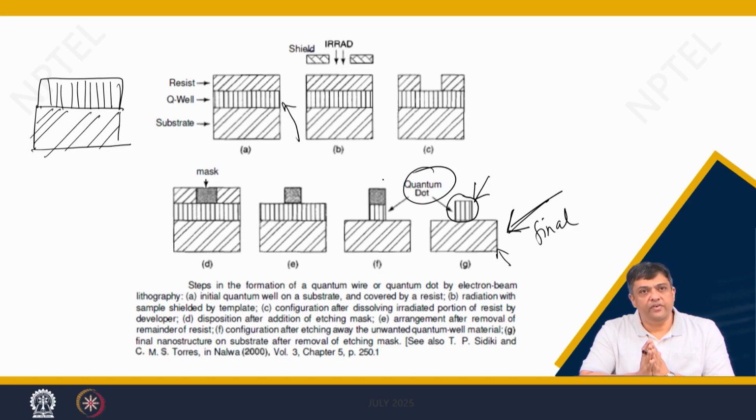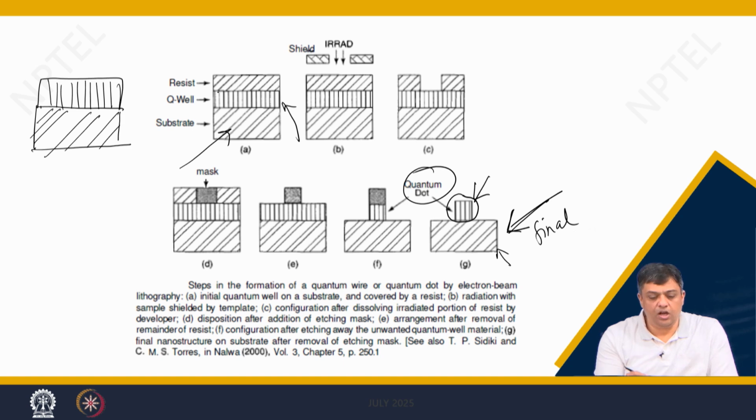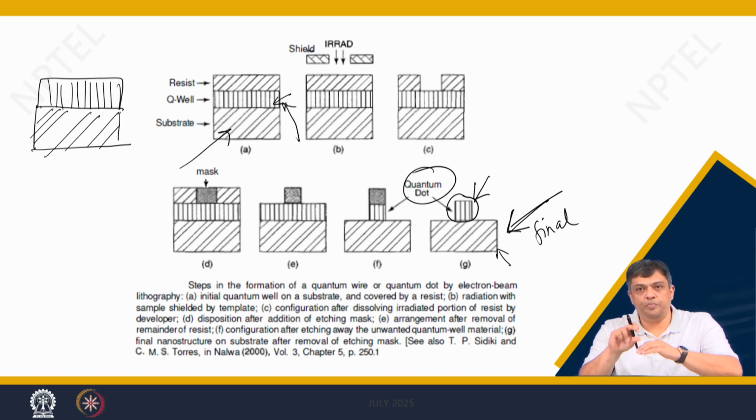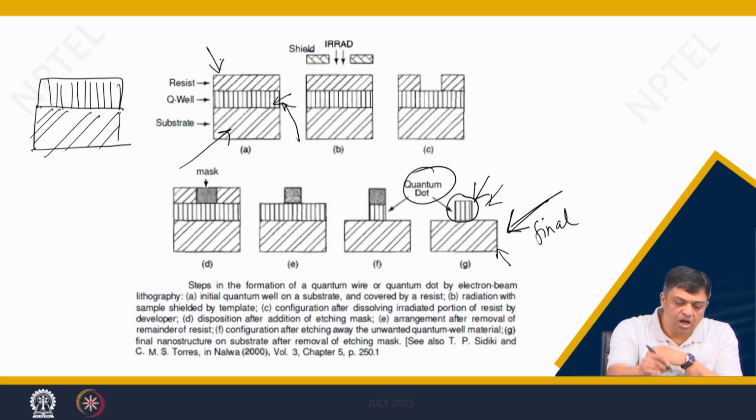So, you have a substrate, step 1, on which you deposit the quantum well structure. So, you have a structure on which you deposit the material in which you want to get the final pattern structures. On top of it, then you deposit a photoresist.